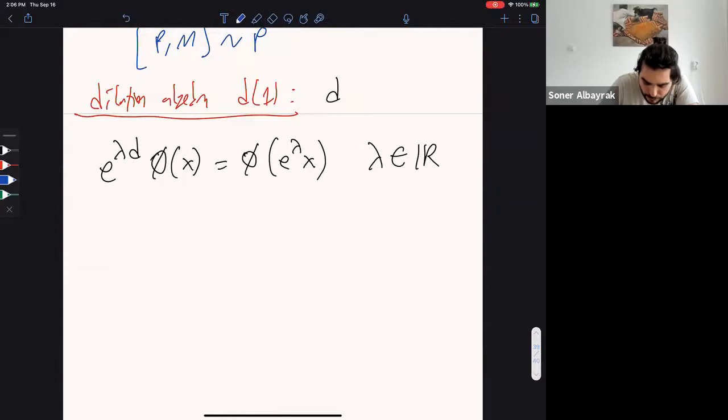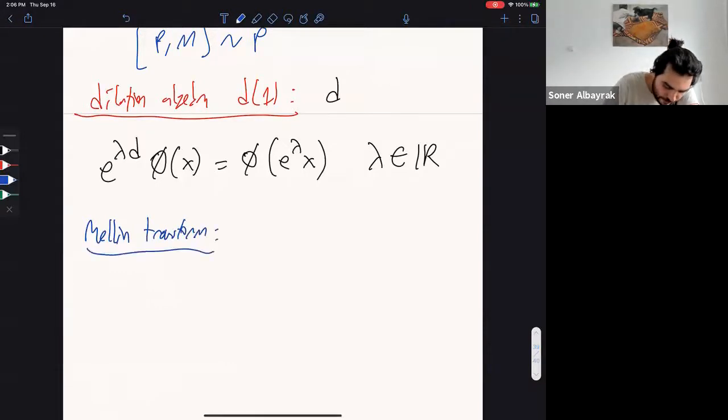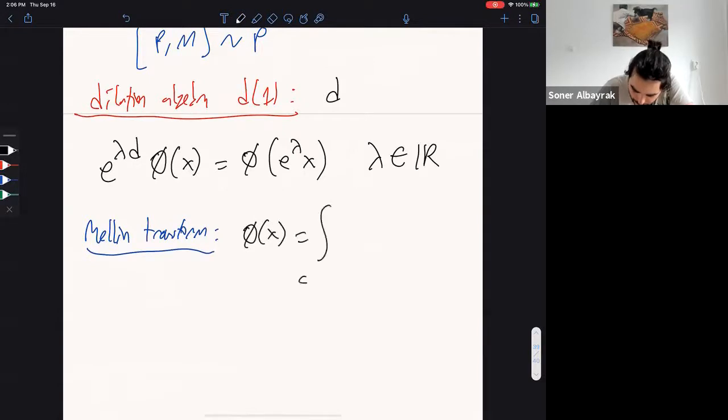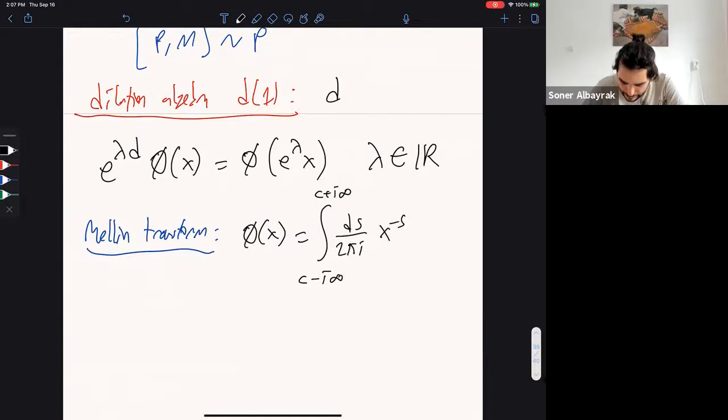Good. Now, this is actually almost the same thing as the rotation and translation algebra, but for your reference, the eigenfunctions of scaling are given by the so-called Mellin transform. You basically expand the function phi of x as an integral from minus i infinity to plus i infinity, ds over 2 pi i, x to the minus s, times the Fourier-like coefficients phi tilde of s. Okay, so it's around a complex contour.